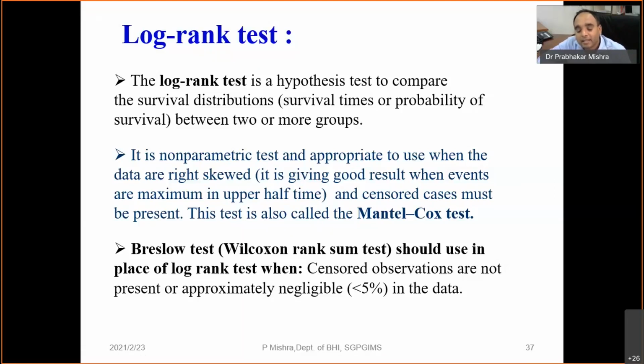Despite a not fully appropriate situation, we still use the log-rank test. So here there is a difference: the Breslow test is used when less than 5% censored observations are in the data. Otherwise, in all situations the log-rank test can be used.